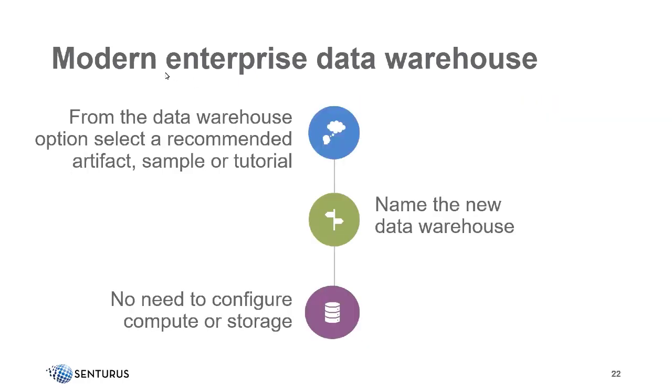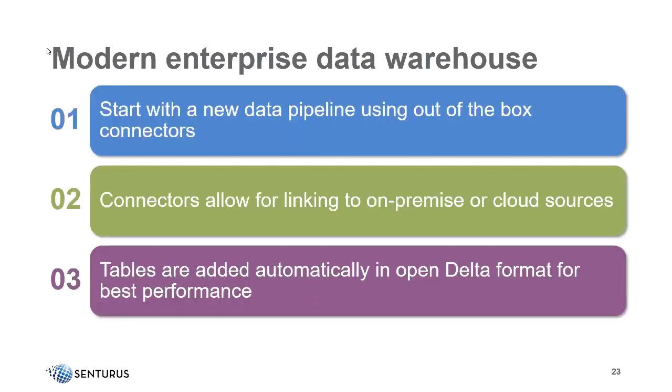When we build that, we can pick a recommended artifact, a sample, or a tutorial. We name it. We don't have to configure compute or storage. Boom, it's accessible. Penny, you can model against it. You're good to go. And how do we get data into it? Got a new data pipeline. It's got all the connectors you could want right out of the box.